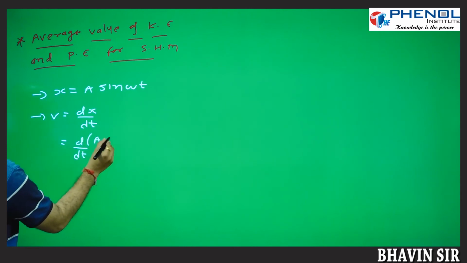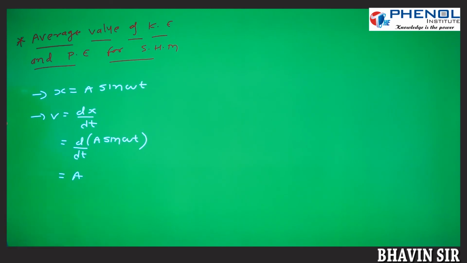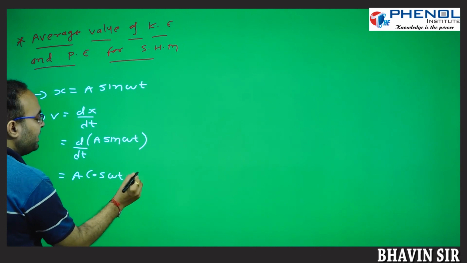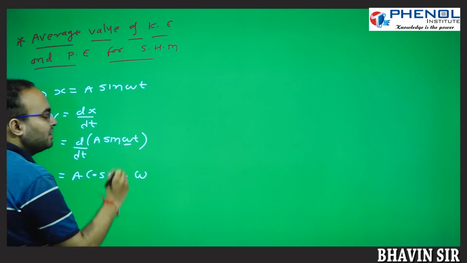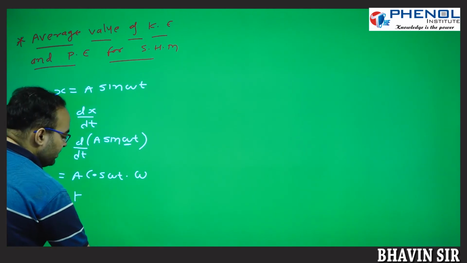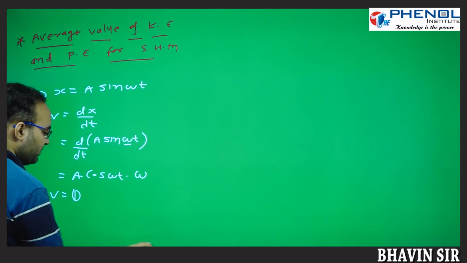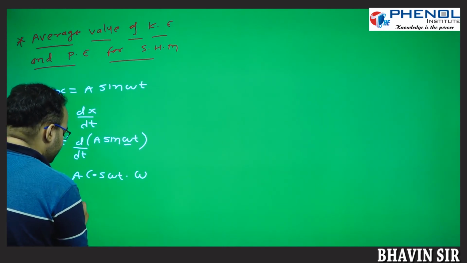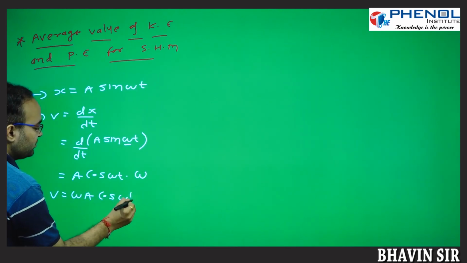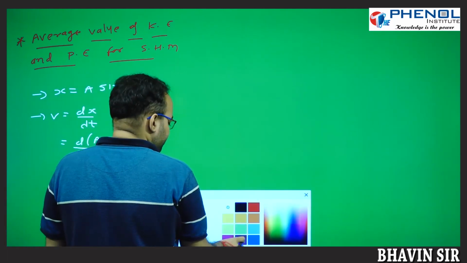What is x? a sin omega t, a is constant. Differentiation of sine is what? Cos omega t into omega, multiplied with the coefficient of t. So the velocity is omega a cos omega t. Now what is the potential energy, students?